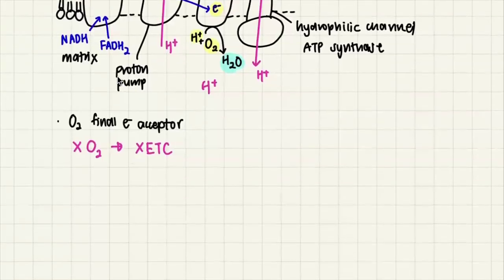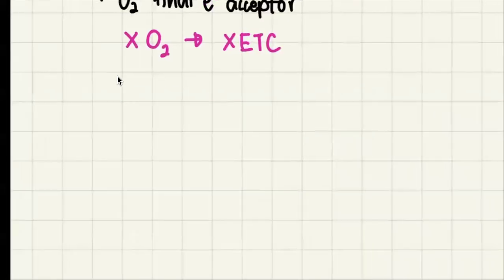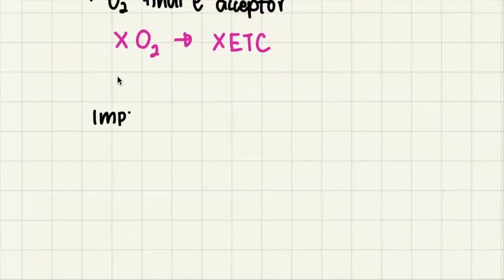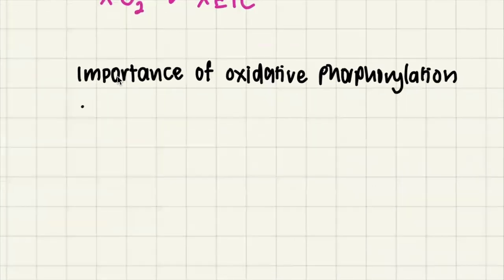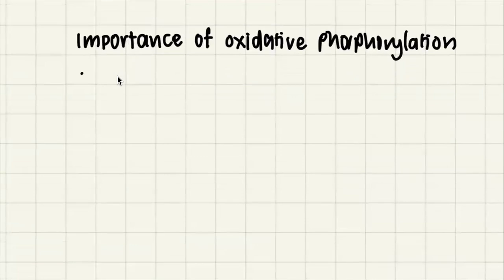So what is the importance of oxidative phosphorylation? Okay, the importance is that a high amount of ATP is produced. So if you need to be specific about your numbers, but for the sake of this summary, I'll just write lots of ATP produced.